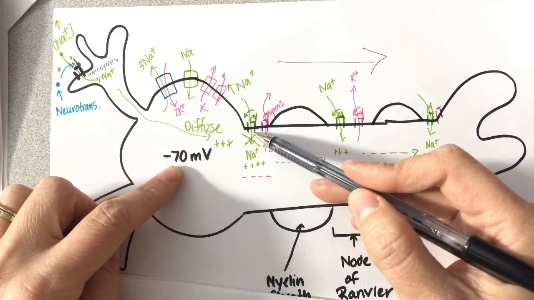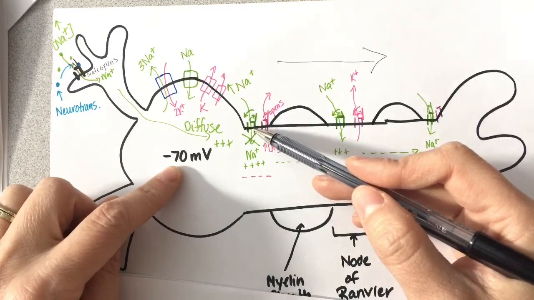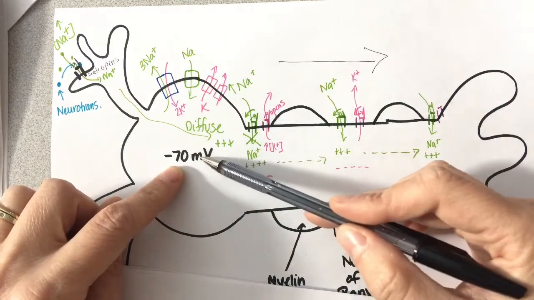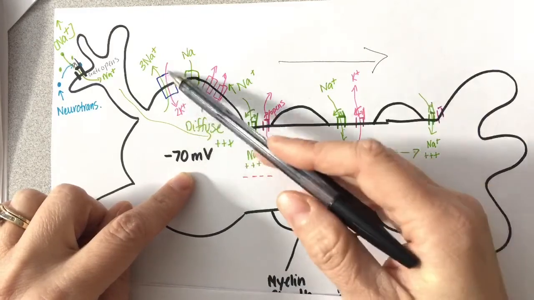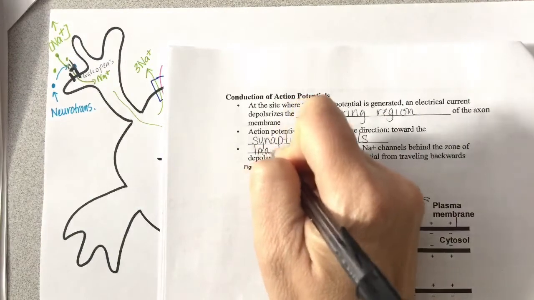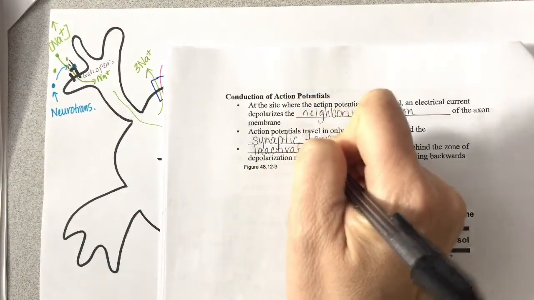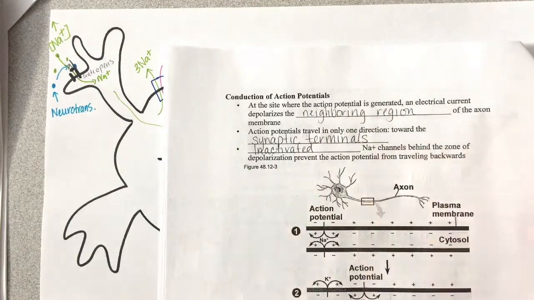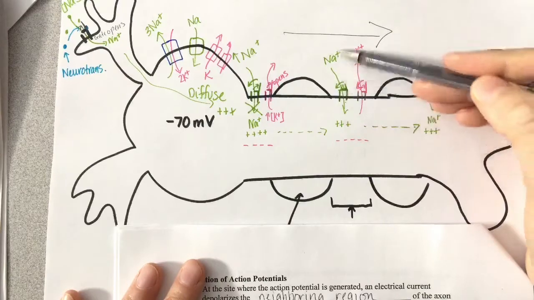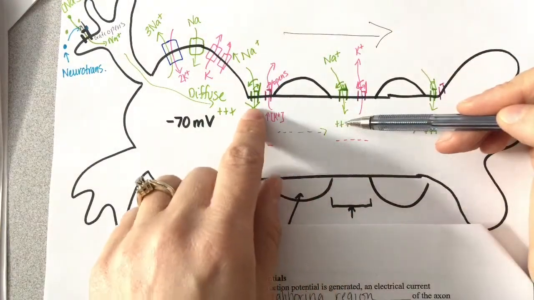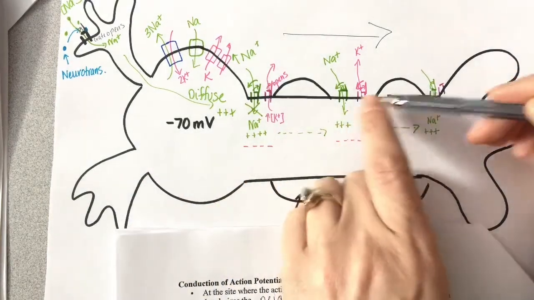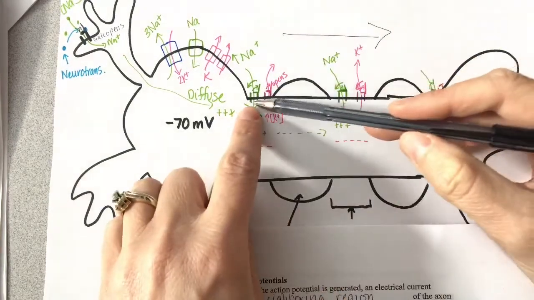That inactivation gate isn't turned off until it resumes to negative 70 millivolts with the help of the sodium potassium pump. So that's what this here is. Inactivated sodium channels behind the zone of depolarization prevent the action potential from traveling backwards, meaning that when sodium comes in here, these positive charges can't trigger these gates to open. So only the gates on the next node open, and that's because that inactivation gate is shut.